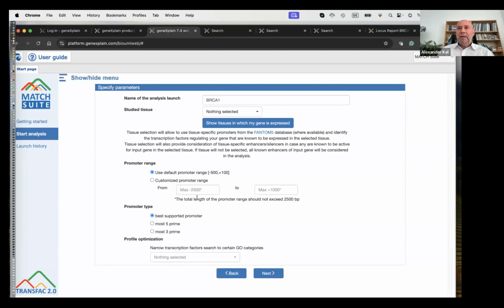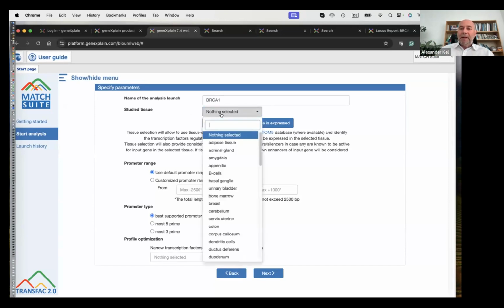And here what you see is you have your gene, and you can select the tissue of your interest. And that's very important because, as you know, in different tissues and different cell types, there are different transcription factors acting, although they may be from the same family of factors. But some members of that family are expressed in adipose tissue.